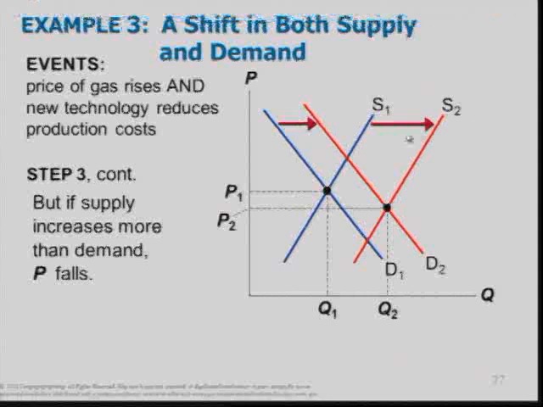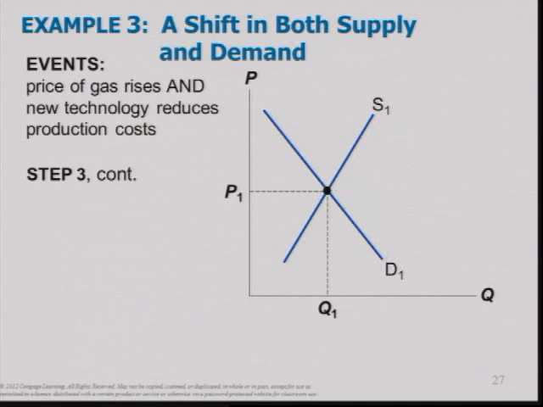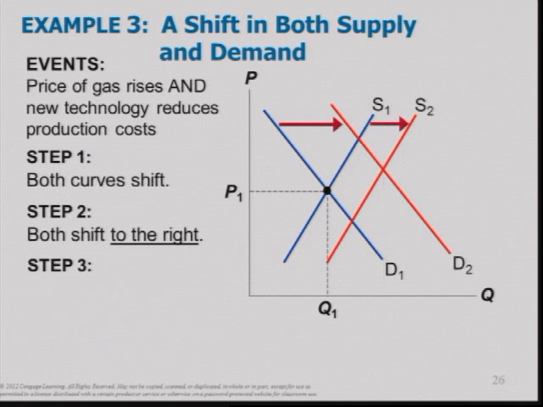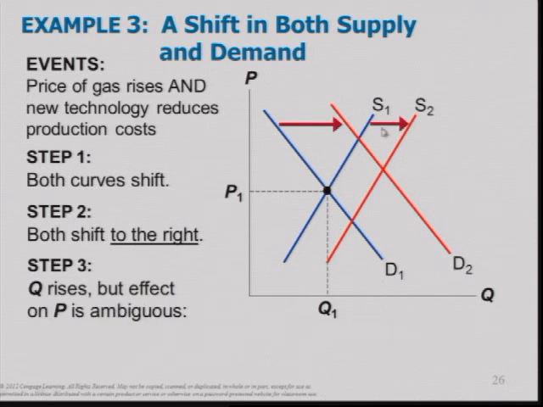On this example, the supply shift was bigger than the demand shift, right? And then on the very first example that we were looking at, the shift in demand was bigger than in supply.